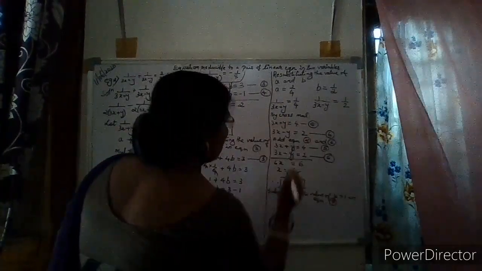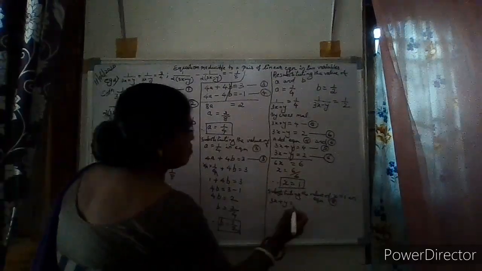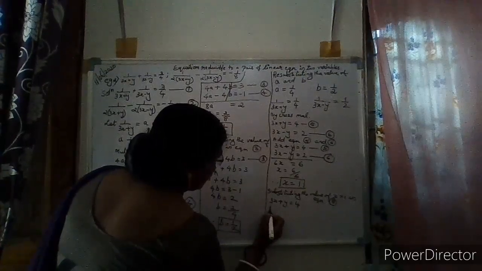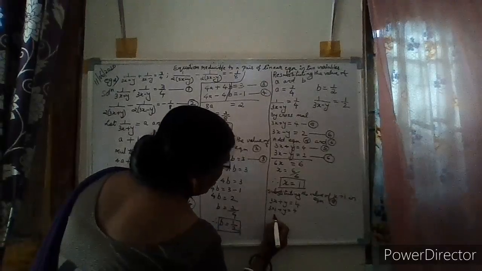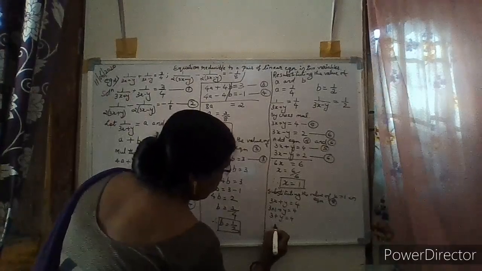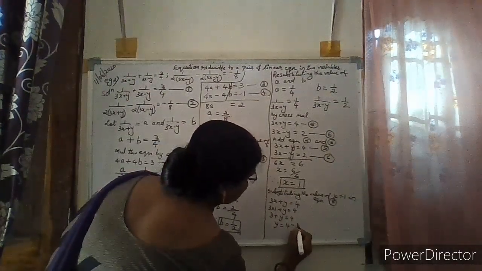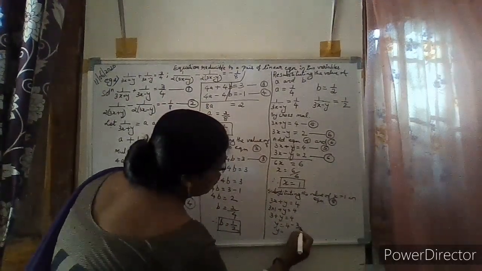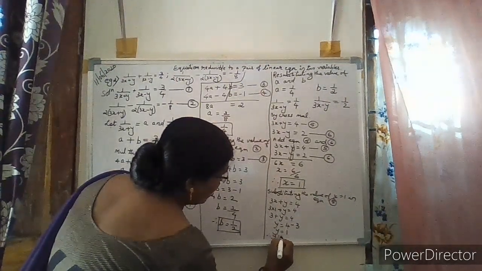So equation 5 I will write 3x plus y equal to 4. So x is equal to 1. 3 into 1 plus y is equal to 4. So 3 plus y is equal to 4. I will transfer 3 to the other side. It is minus 3. So y is equal to 4 minus 3 is 1. Therefore I have got y is equal to 1.